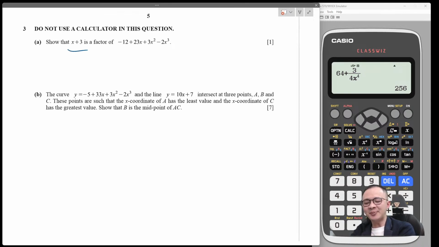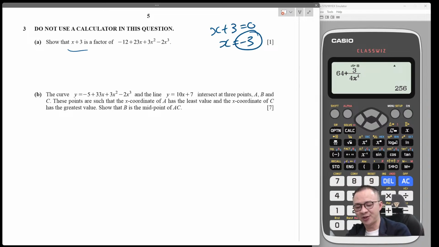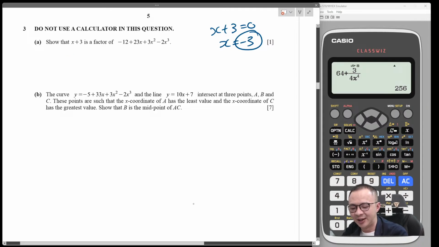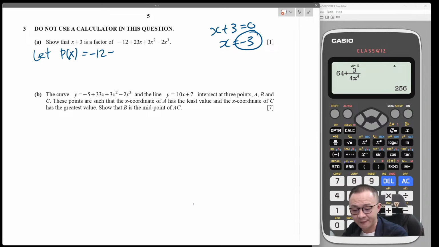Okay, show that x plus 3 is a factor of this cubic equation. Very easy. We assume x plus 3 equals 0, so x equals -3, right? We sub -3 into this equation. Or if you want to be more proper, let p(x) equal to this expression, copy it one time, and then do p(-3).